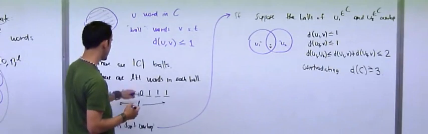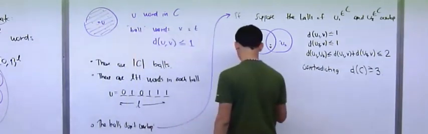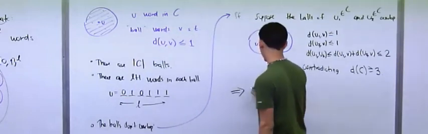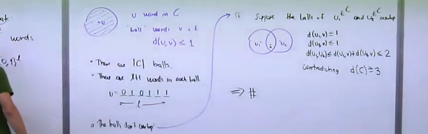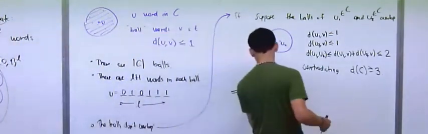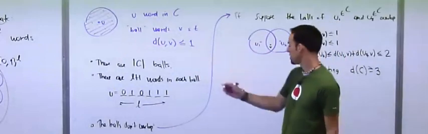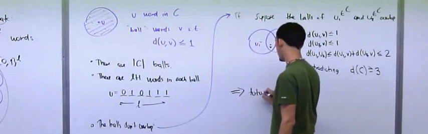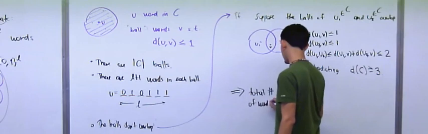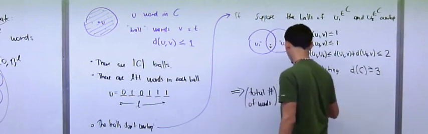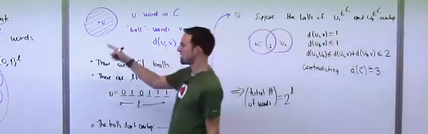There are C balls. There are L plus 1 words in each ball. What is the conclusion? The total number of words in the code, in the big circle, not balls, the total number of words, is 2 to the L. The total number of words in this picture.